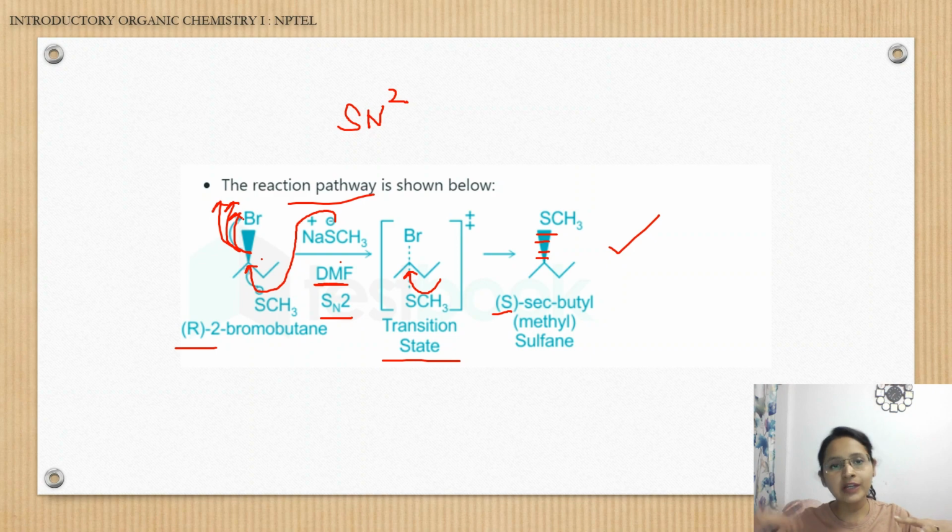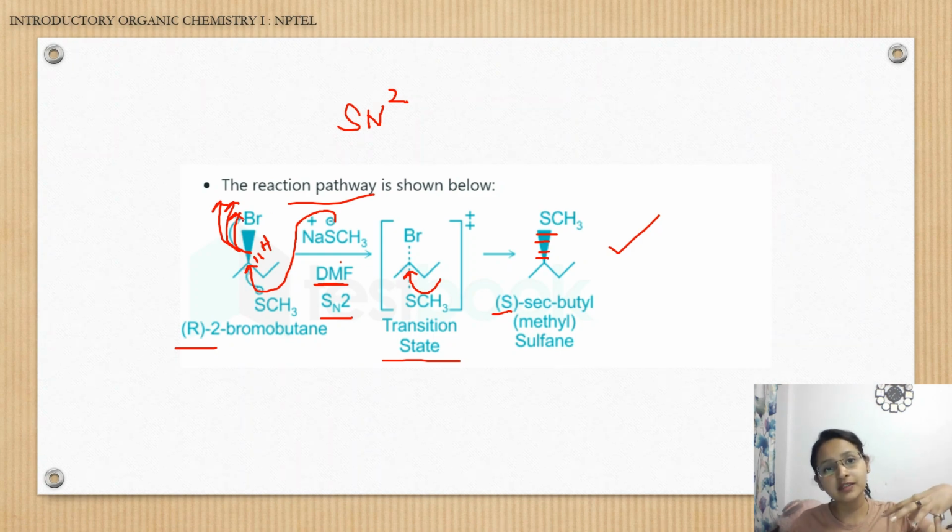And your nucleophile has to come, so it will prefer the end which is less substituted. Br is above the plane and on this side there is hydrogen, present below the plane. So your nucleophile will attack from below the plane because one side is blocked by Br. Due to sterics, the nucleophile wants a face which is less sterically crowded, so it comes from the second face, because the first face is blocked.